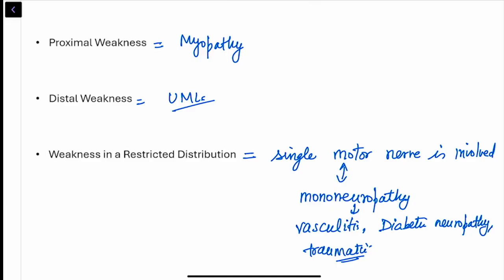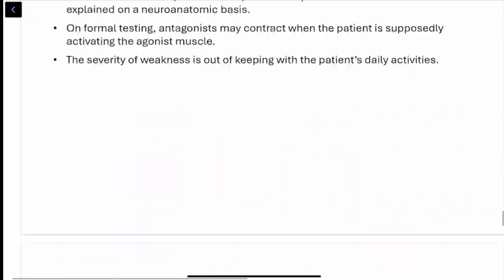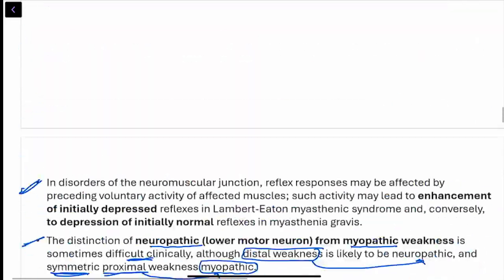Right. There will be a certain restricted distribution of weakness, which is suggestive of mononeuropathy, and we can understand the underlying cause, which can be vasculitis, diabetic neuropathy, or trauma, depending on the history of the patient. Right. So this is all about the neurological causes of weakness and paralysis.